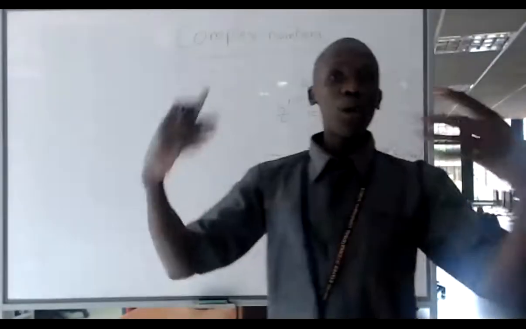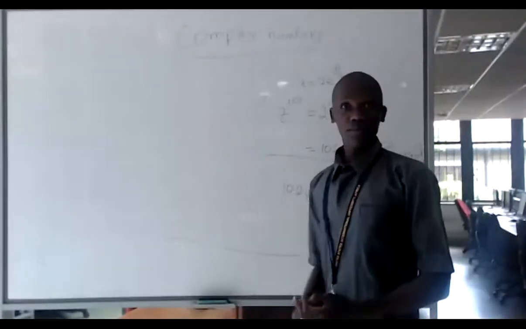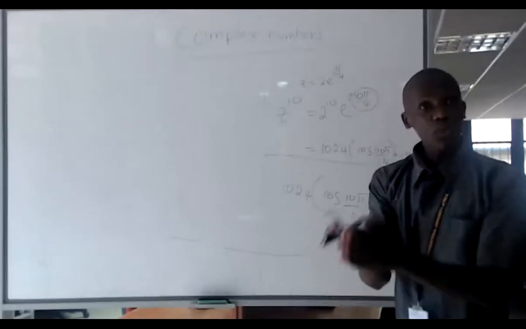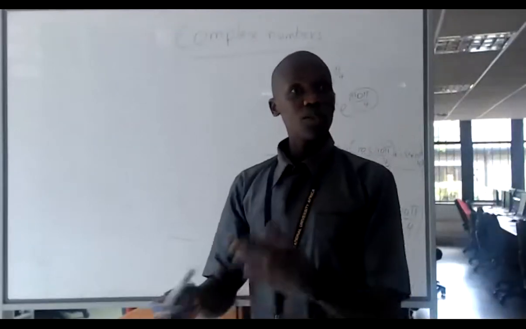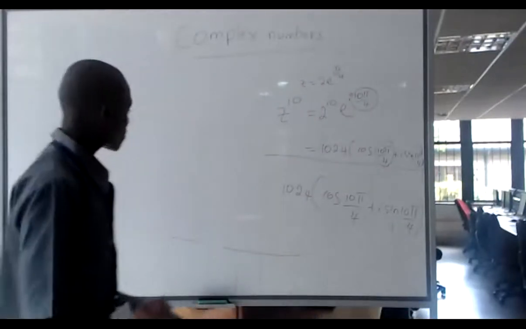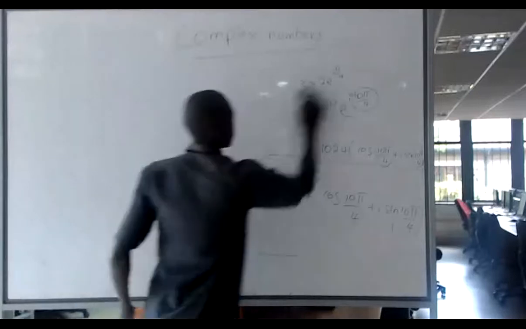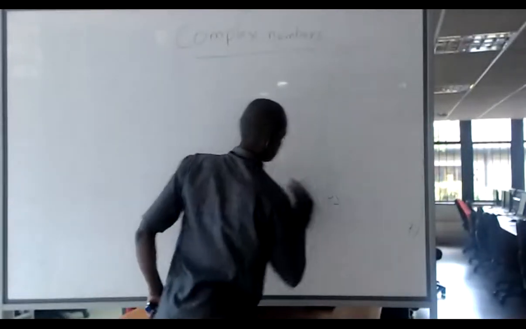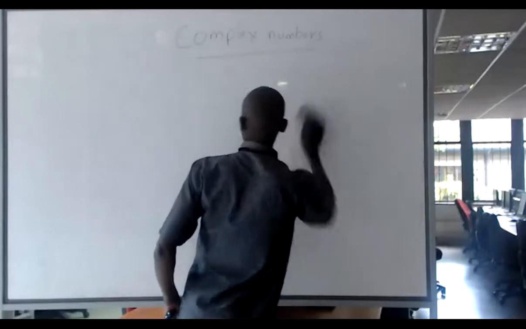You can compute powers using De Moivre's theorem. You can find roots, which you will see later. You can multiply two complex numbers comfortably. You can divide them. You can add and subtract. So those who did, please send your solution so that I can have a look.